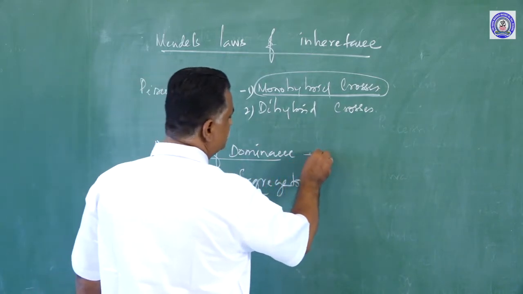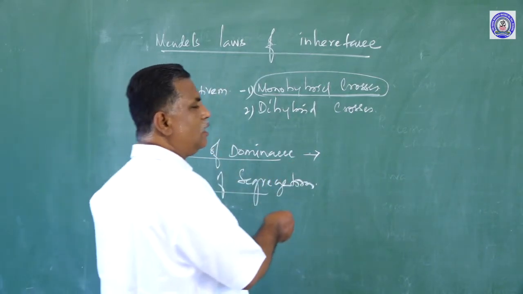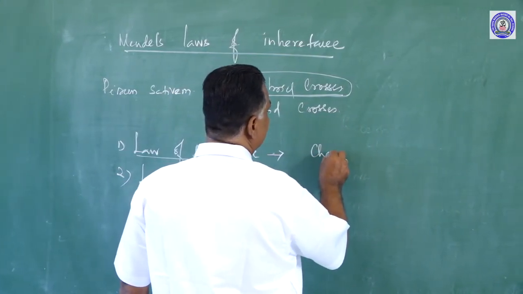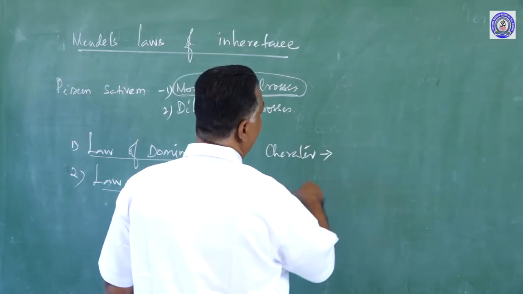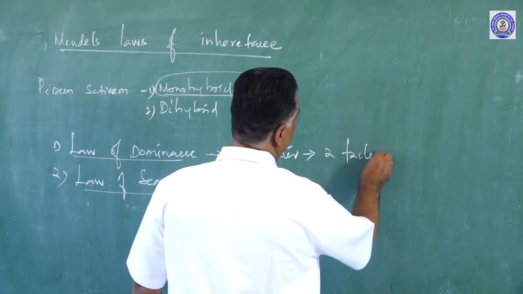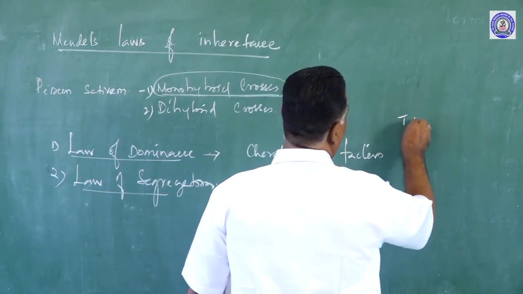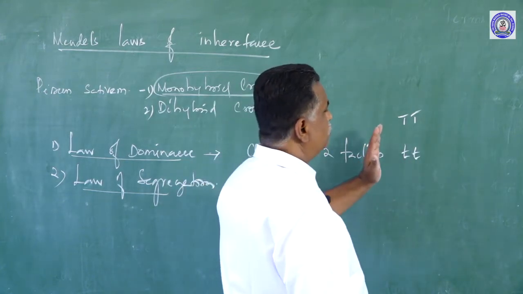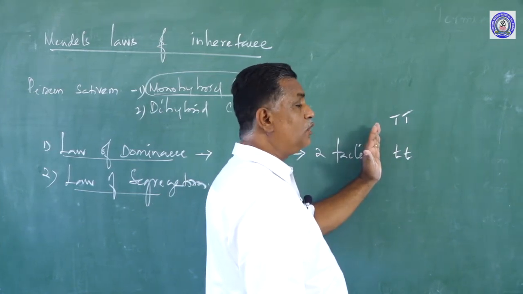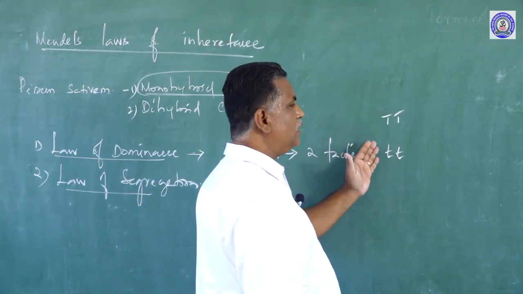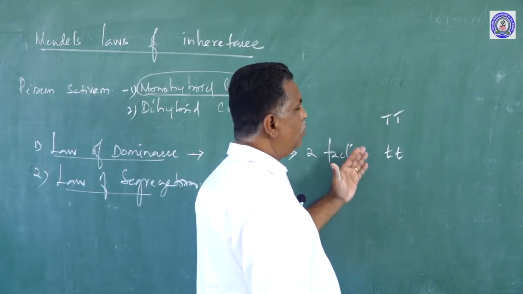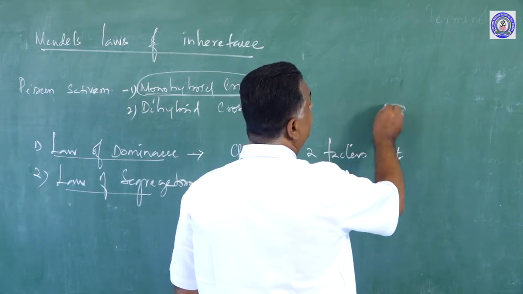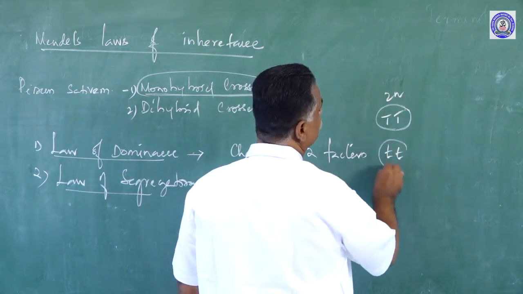What is law of dominance? Law of dominance states that a character is controlled by two factors. For tallness, capital T, for dwarfness, small t. See, before meiosis, before molecular basis of genetics, before the knowledge of cytology, Mendel stated evidently that in the somatic cell there are 2n number of chromosomes.